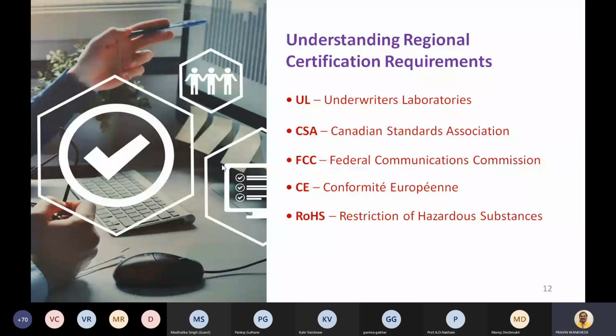Also, one thing we need to remember is that the USA allows CSA as an alternate to UL, and Canada allows UL as an alternate as well. It means that if your product is certified by the UL regulatory body, then you can sell the same product in Canada. Or if the product is certified by the CSA, the Canadian Standards Association, then you can sell the same product in the USA also.